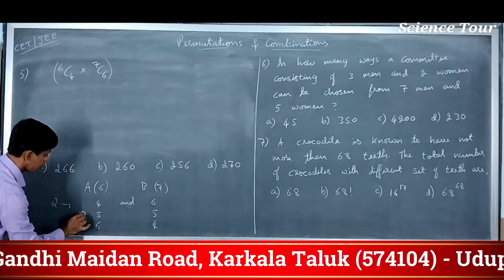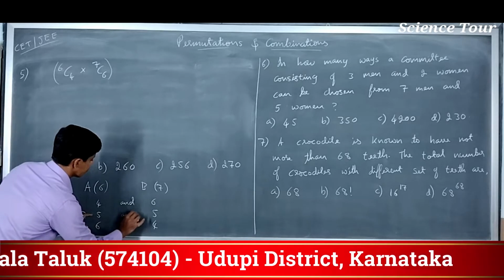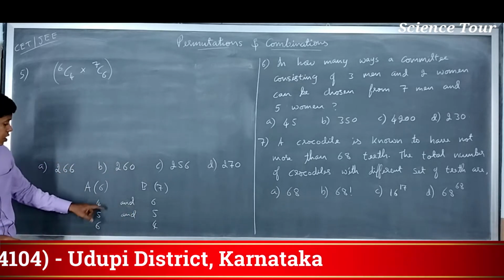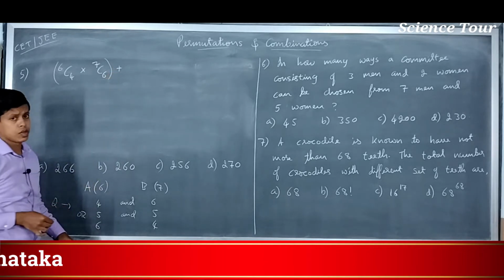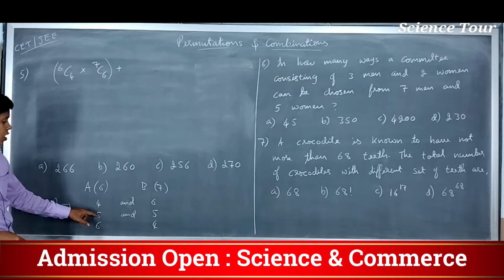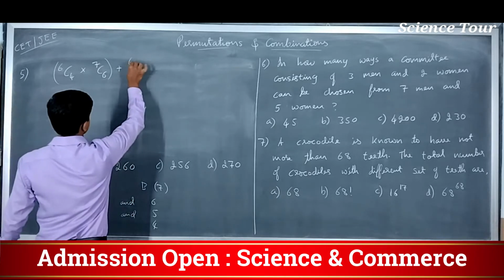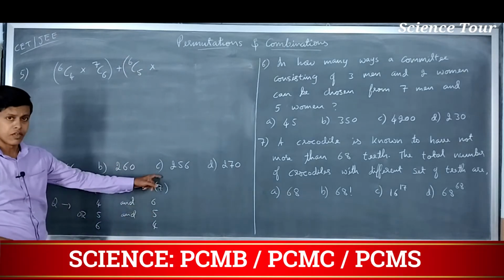Or what is the next possibility that you have? 5 and 5. So in between these two different selections is or, so it is plus. Keep in mind, or is addition and and is multiplication. Now how many ways can you select 5 from 6? 6C5 and 7C5.